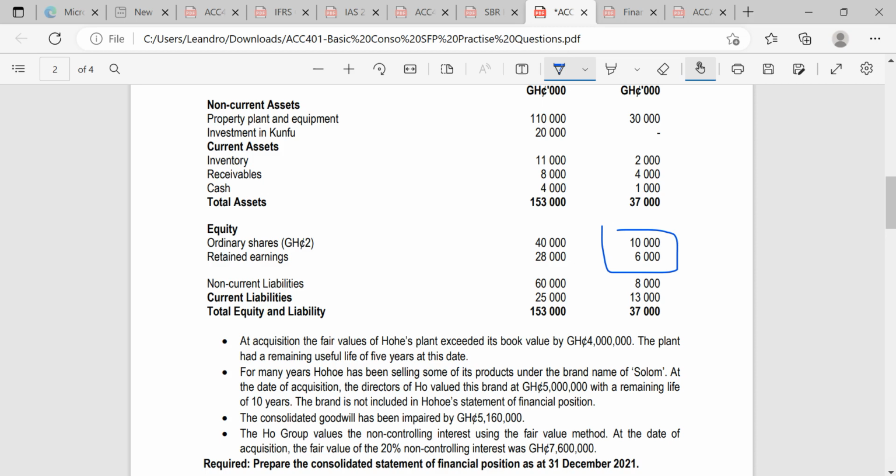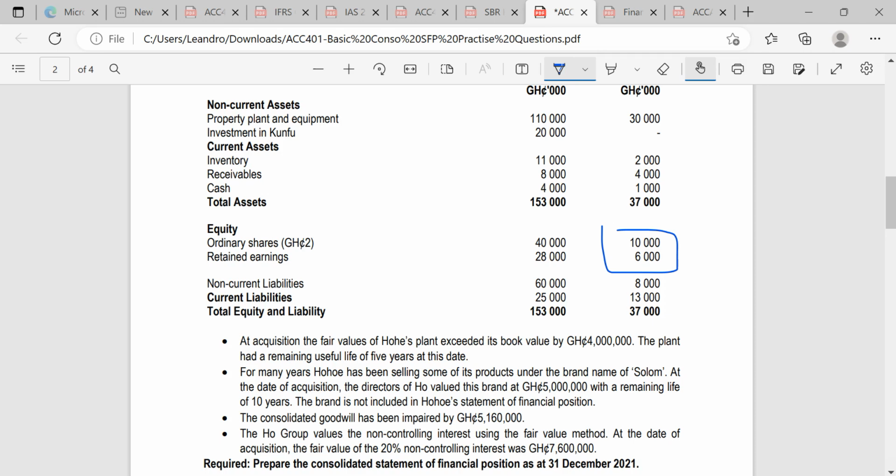However, if it is discovered that some of the assets and liabilities are not at fair value, then the acquirer must fair value them. So an example is the plant. It has a fair value which exceeds the book value by 4 million. And so it means we have to add 4 million to our carrying value of the net asset.